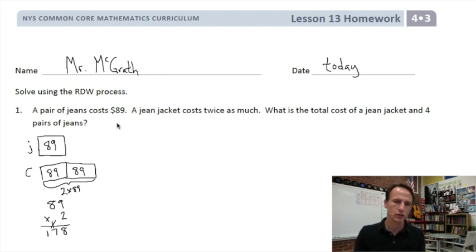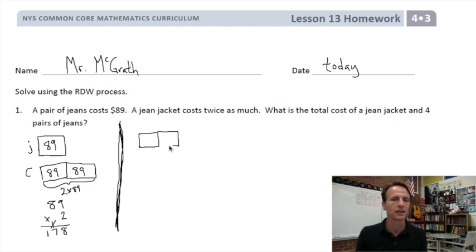Now to draw this out, I'm going to draw a nice line here dividing these preliminary drawings. Isn't that a beautiful line? What we're trying to find is 4 pairs of jeans, and you see why I assigned them letters now: jeans, jeans, jeans, jeans.